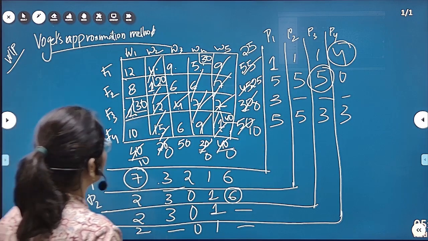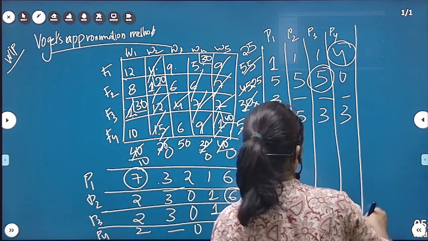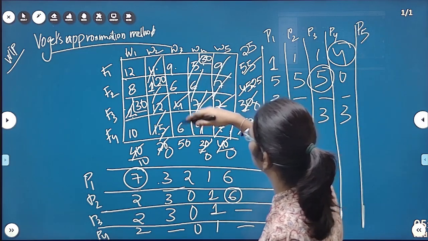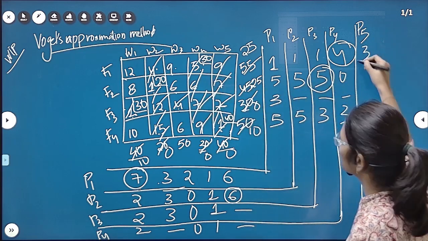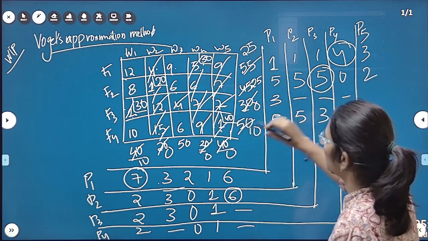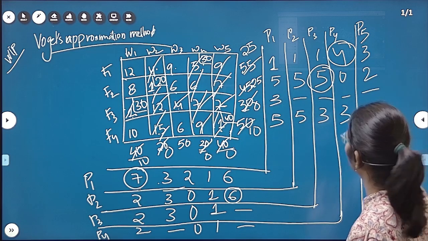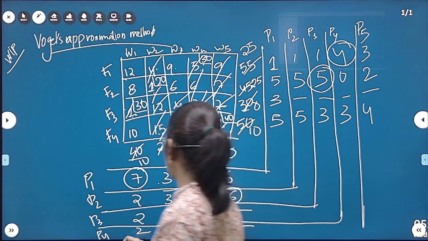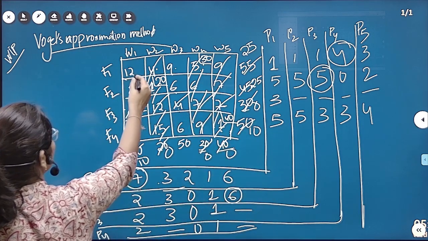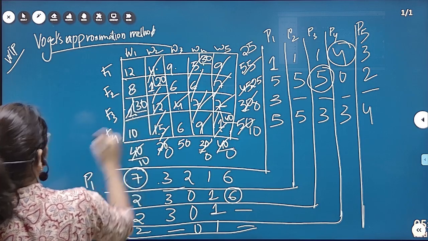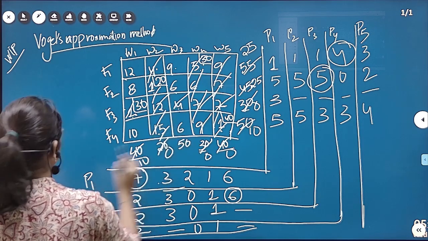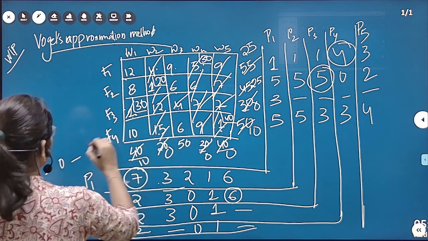Okay. So next one, do P5. Next one, it's already crossed. 12 minus 9, 3. And here 8 minus 6, 2, and here it is not there, and here it is 4. Actually we have no space, so I will do it here. So 10 minus 1, 8 minus 10, 2, and here 6 minus 6, it will be 0, and here it is not there.